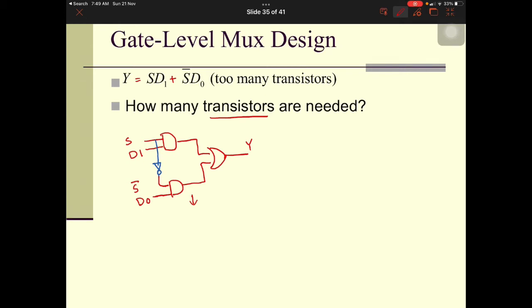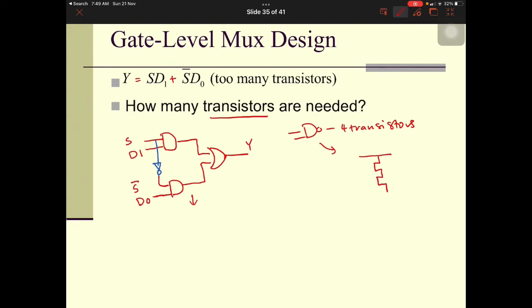Okay, so now when we want to transform this, when we want to calculate how many transistors are needed, we need to transform these AND gates into NAND gates and the OR gates into NOR gates. So the AND gate, we know that the NAND gate has 4 transistors, right? So what are the transistors in a NAND gate?